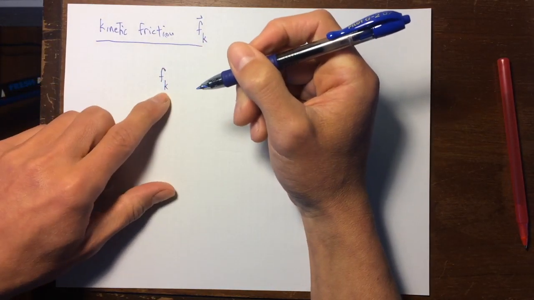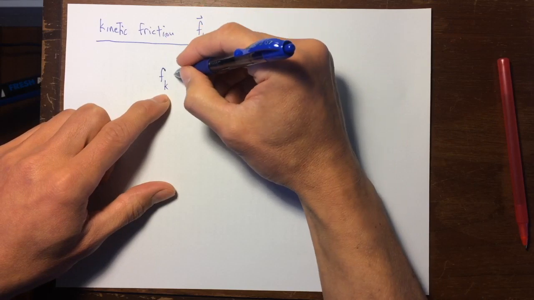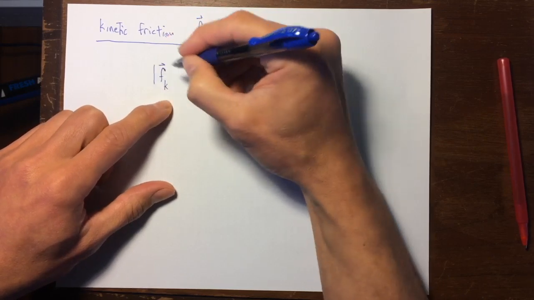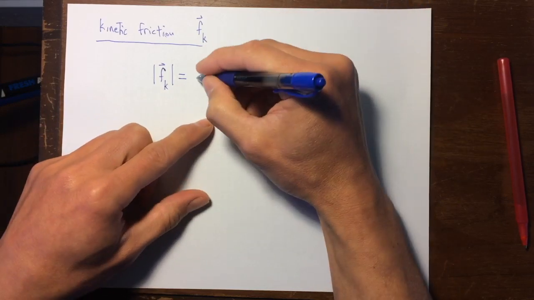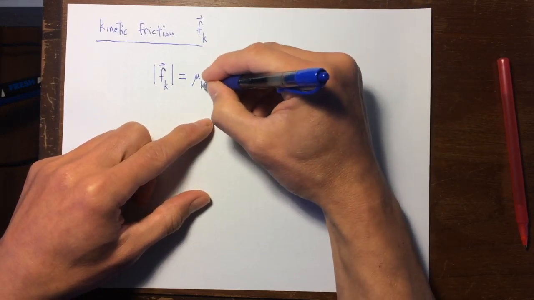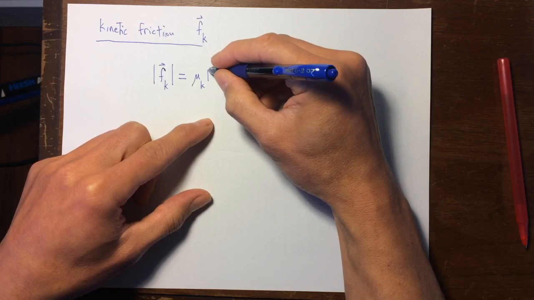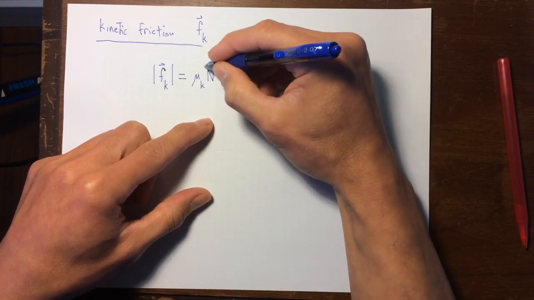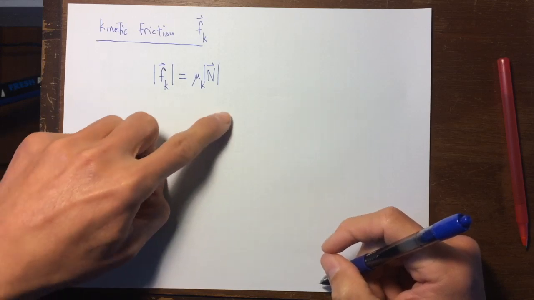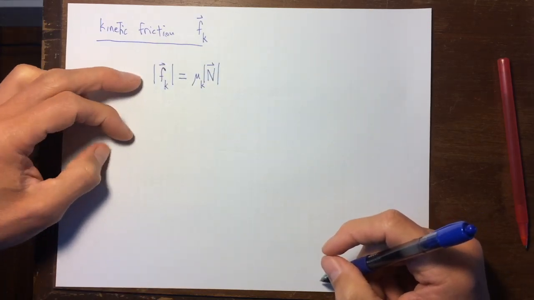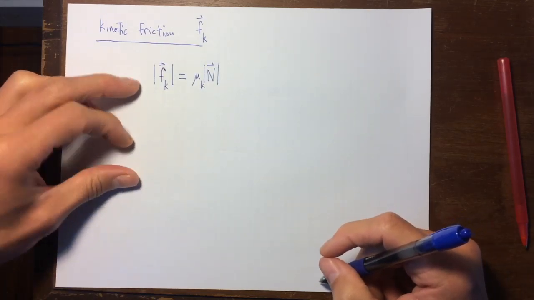The kinetic friction force is going to have a magnitude equal to some coefficient called mu sub k multiplying times the magnitude of the normal force. This is it. And this is our simple model. It is that simple.